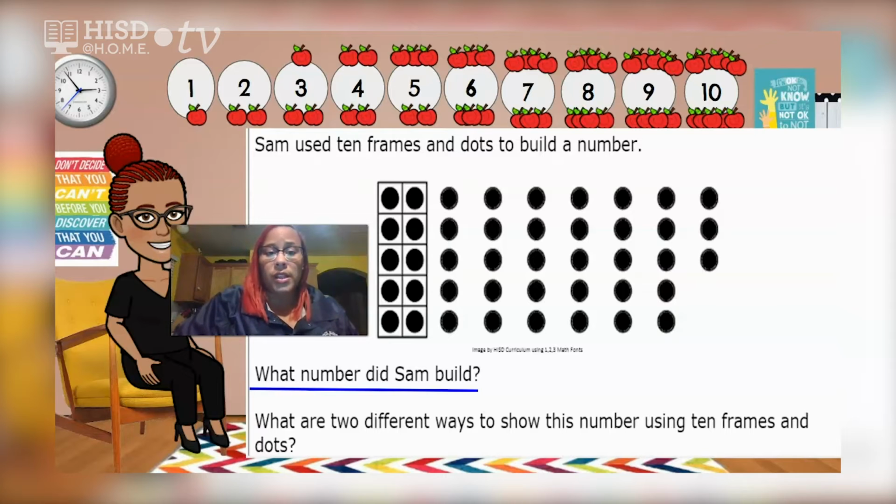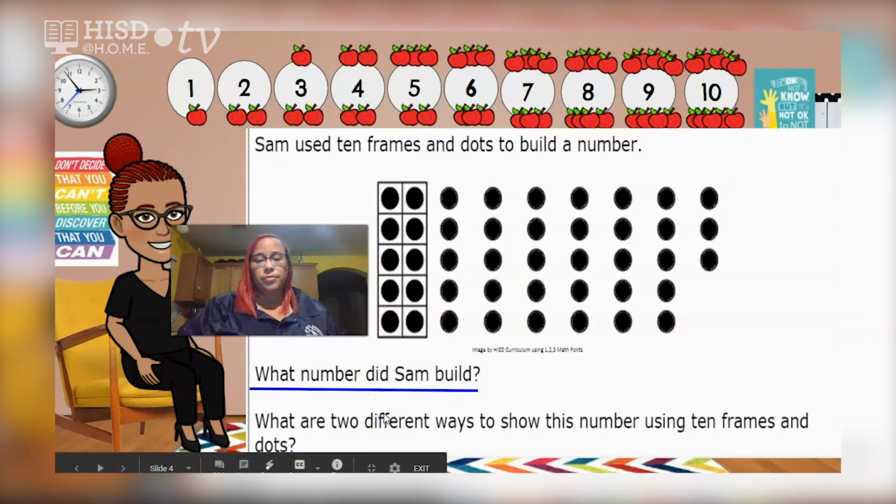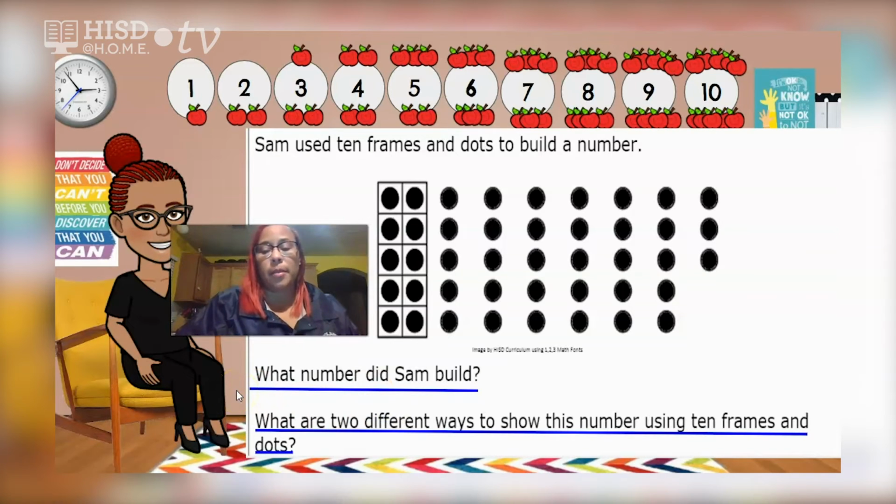We know that Sam used 10 frames and dots. We're looking to find what number did Sam build. And we're also looking to find what are two different ways to show this number using 10 frames and dots.